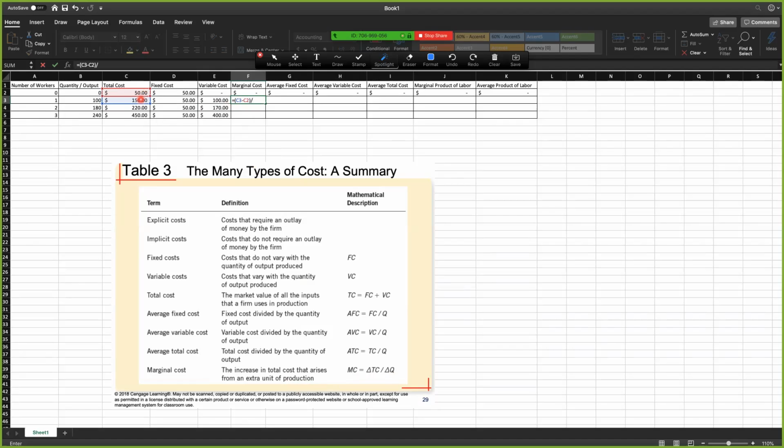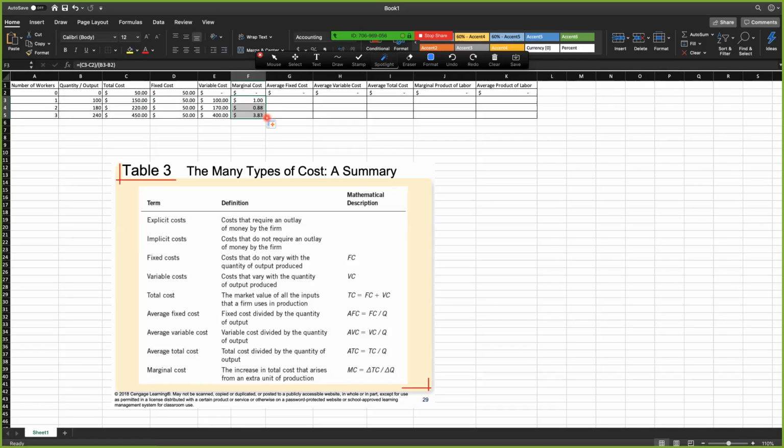Then we divide that by the change in quantity or output, moving from 0 to 100, so the change is 100. When we calculate the formula, that's going to be 1.